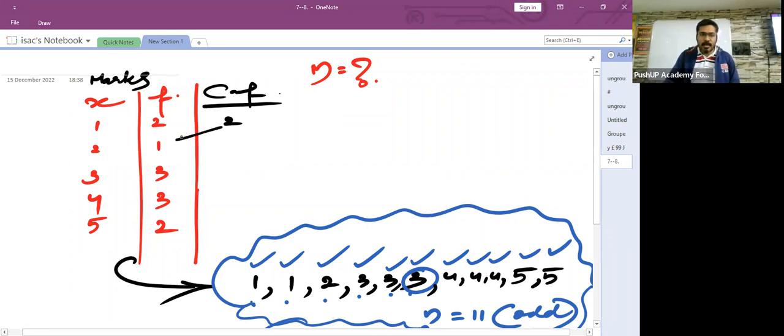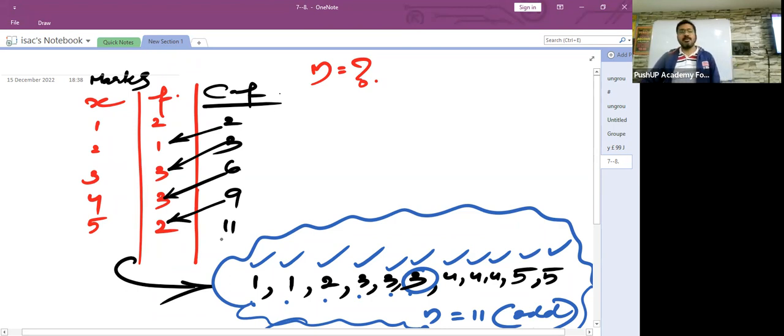The second cumulative frequency will be 2 plus 1, which is equal to 3. The next will be 3 plus 3, which is equal to 6. The next will be 6 plus 3, which is equal to 9. And the next will be 9 plus 2, which is equal to 11.